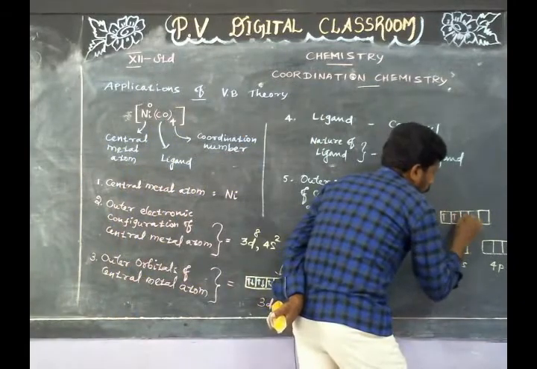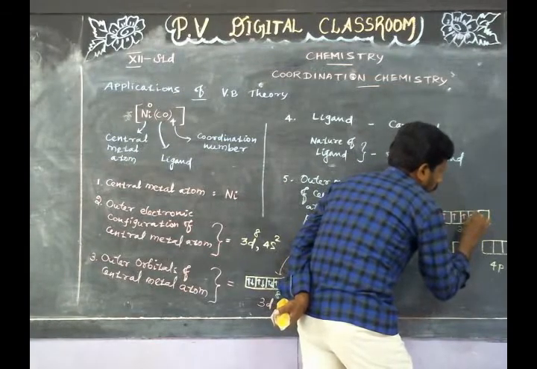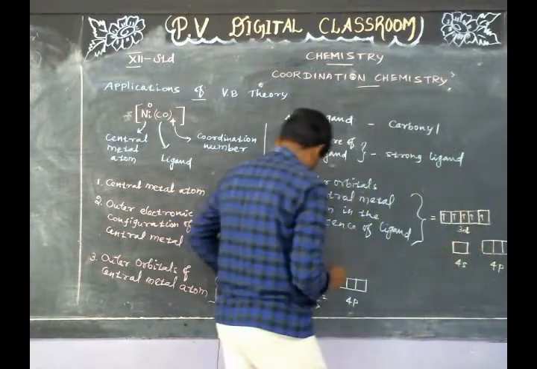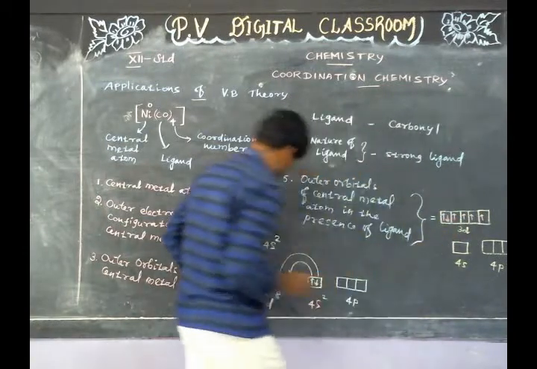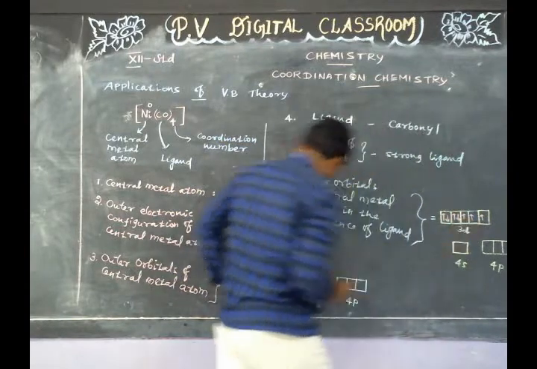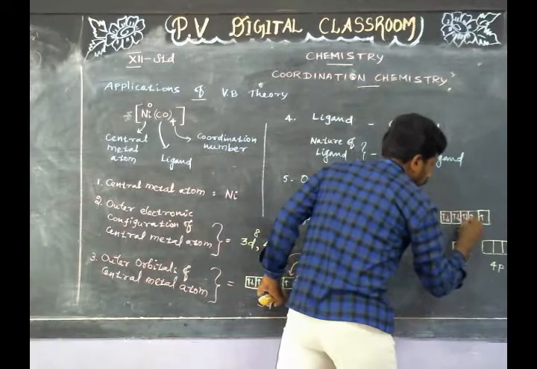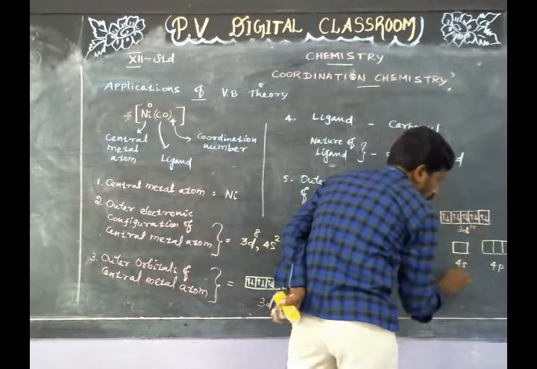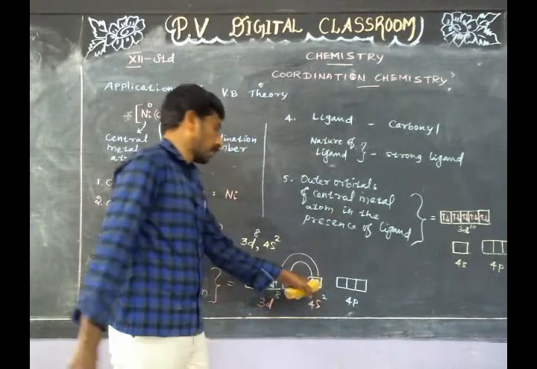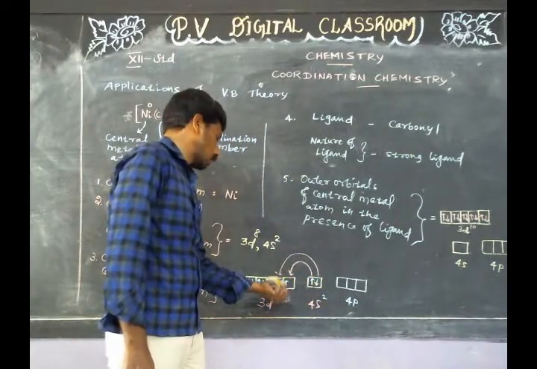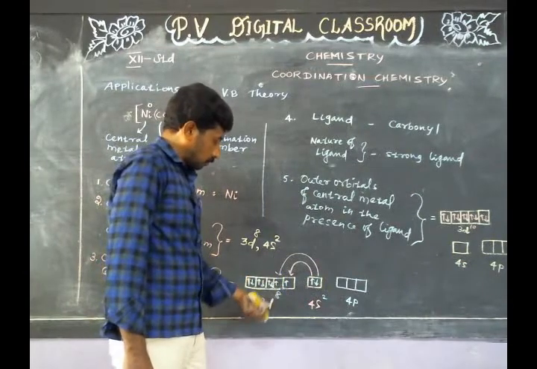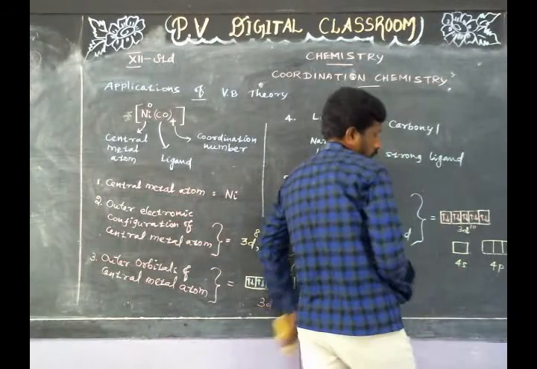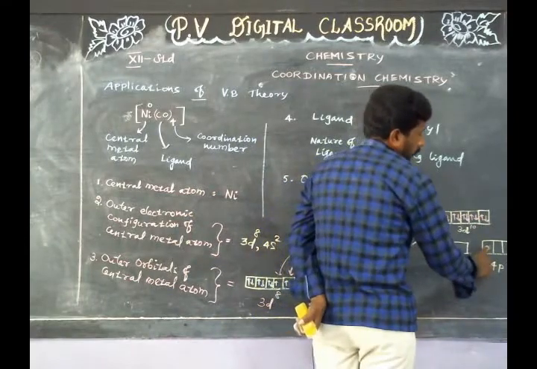1, 2, 3, 4, 5, 6, 7, 8, 9, 10. 3d10, 4s0, since these two electrons move towards the 3d orbitals. The 4p orbital has 0 electrons.